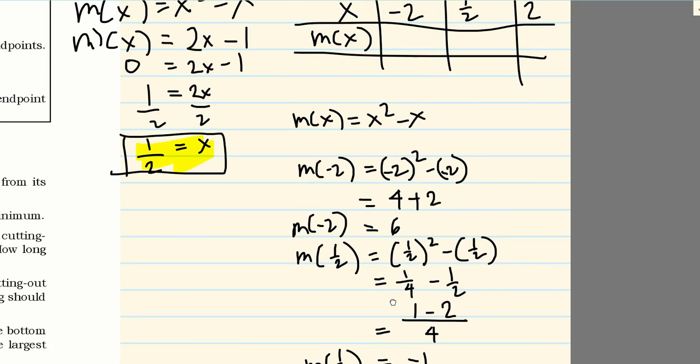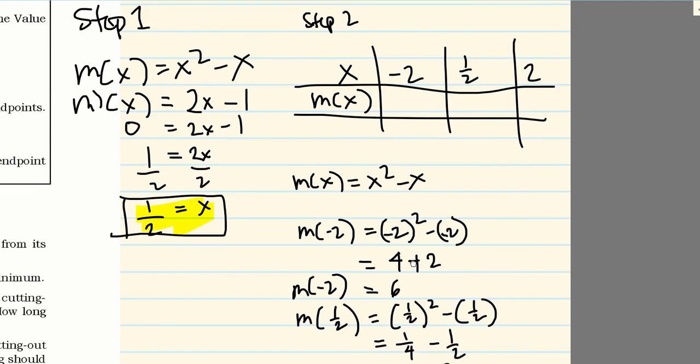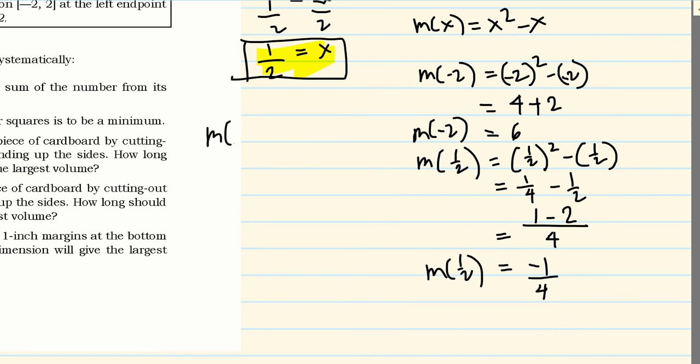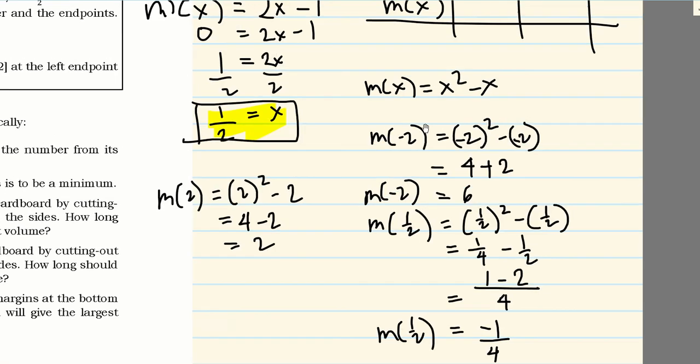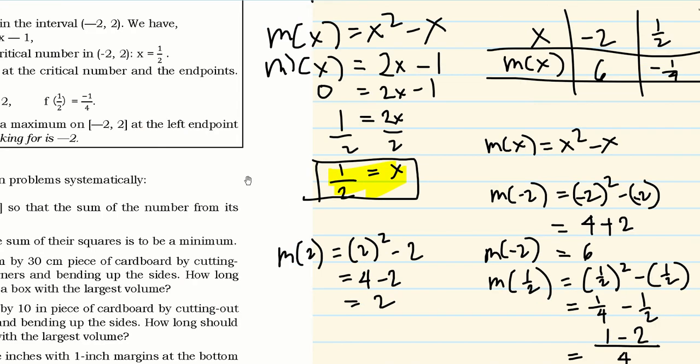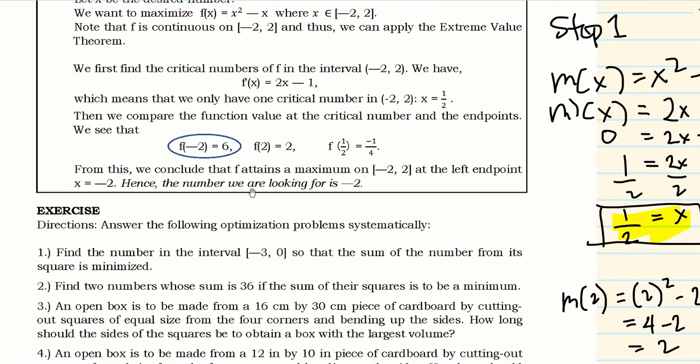Okay, and then what we have here is 2, so we put it here: 2 squared minus 2, which is 4 minus 2, which is 2. So we have the values of 6, -1/4, and 2.